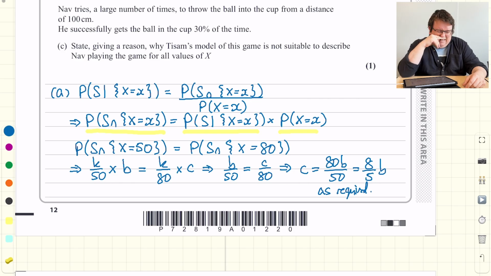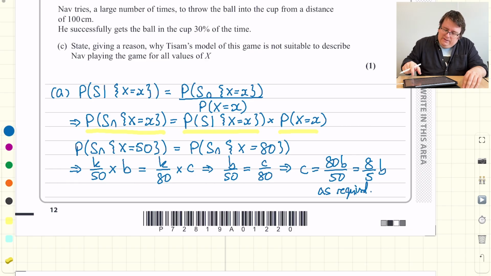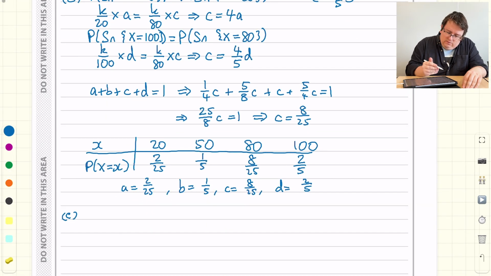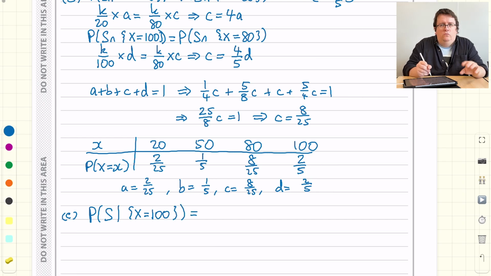So, what we're saying here then is the probability of S given that x is 100. So now it's getting it in 30% of the time, so that's 0.3.